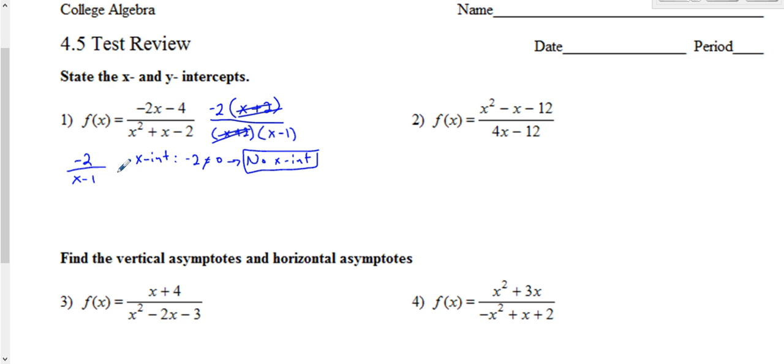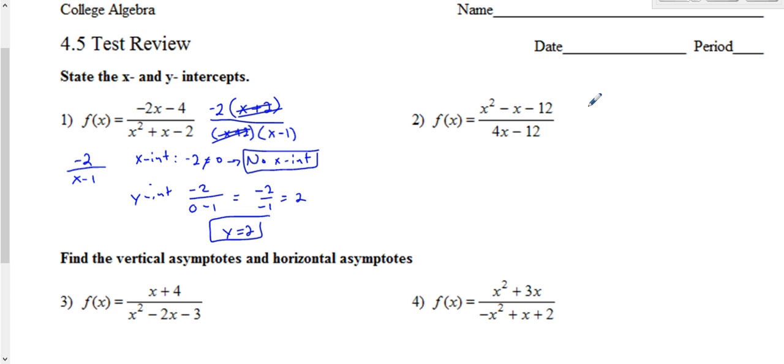For my y-intercept, I plug in the value of 0, and I have -2 over 0 minus 1, which is -2 over -1, which is 2. So my y-intercept is y equals 2. And that's for number 1.